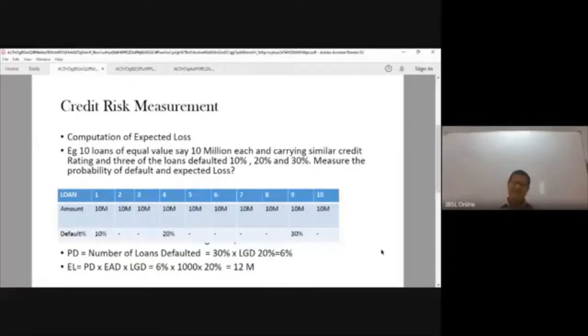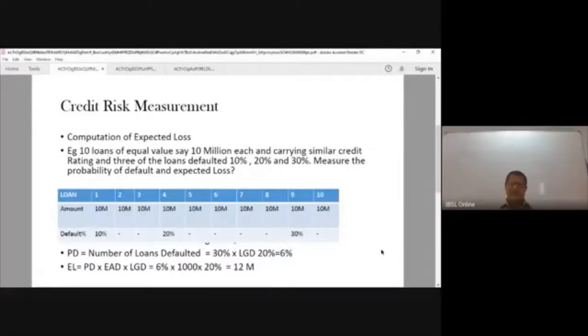So 80 to 90 you give double A, 70 to 80 single A, and 60 to 70 triple B, 50 to 60 double B, and 40 to 50 you give single B, and below 40 you put them as C. These customers are not expected to get facilities from the bank. We call them non-investment customers or subprime clients.